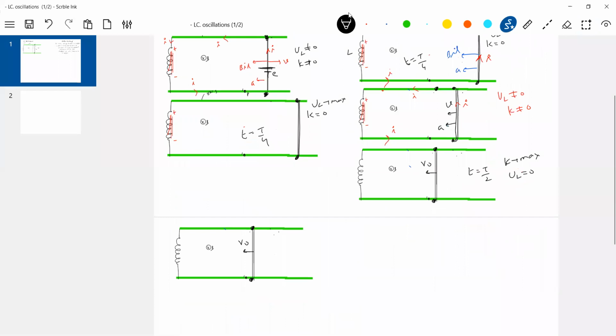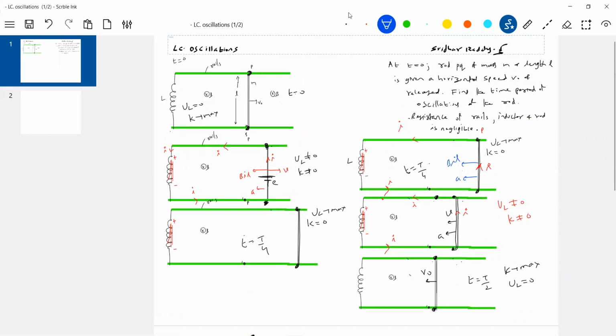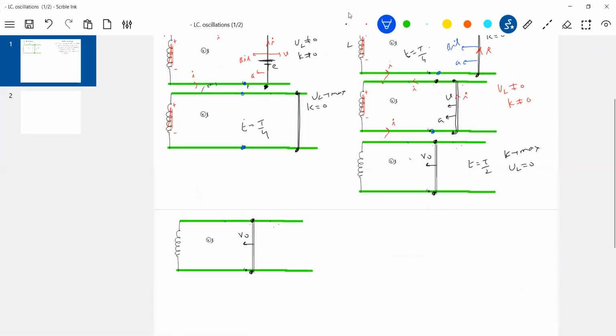Now there's a mean position. So every time I'm drawing, this is the mean position. It will be on the right side of the mean position.